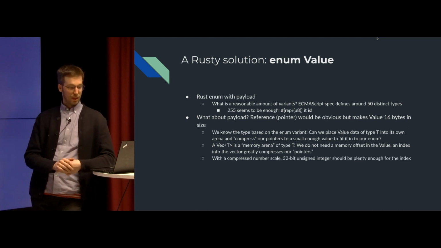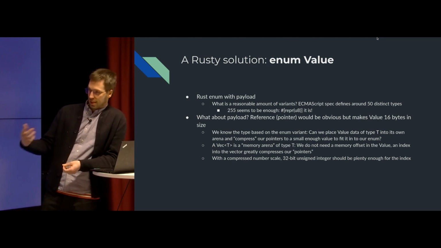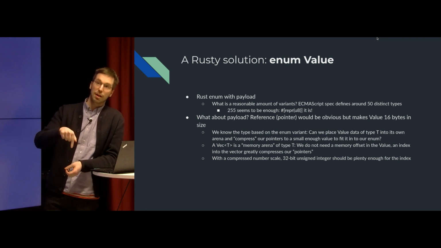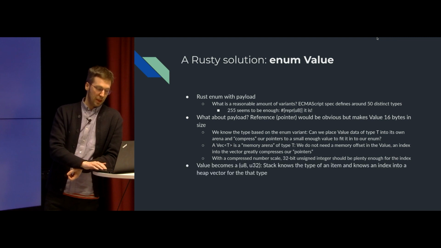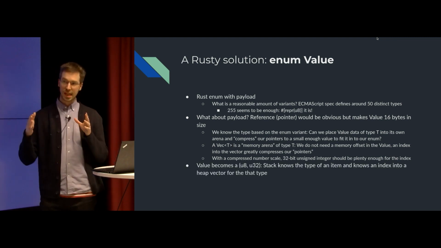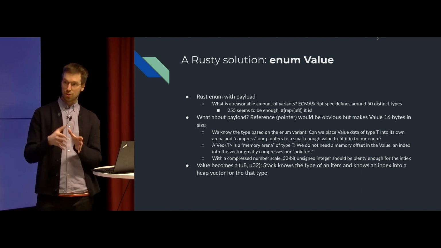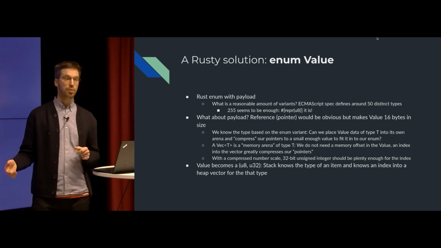So we use a u32 as our index into a vector of T, where the T is based on the representation or the enum variant. And our value just becomes a u8 and a u32. The stack knows the type of an item. It knows the index into a heap vector for that type.